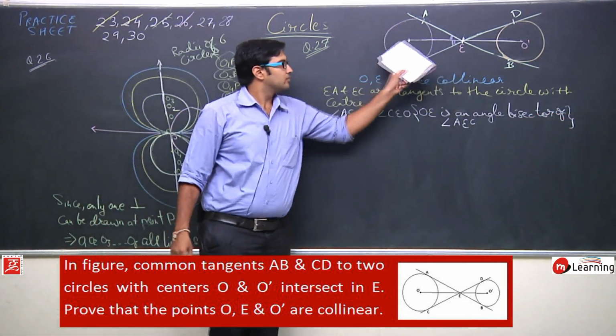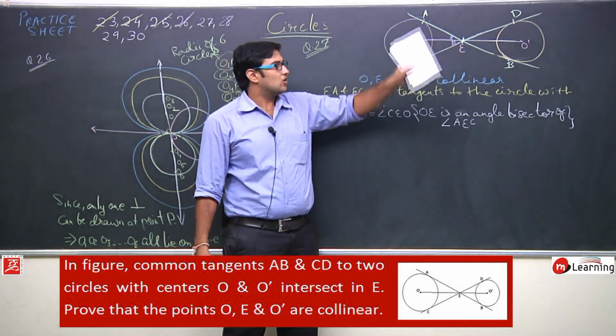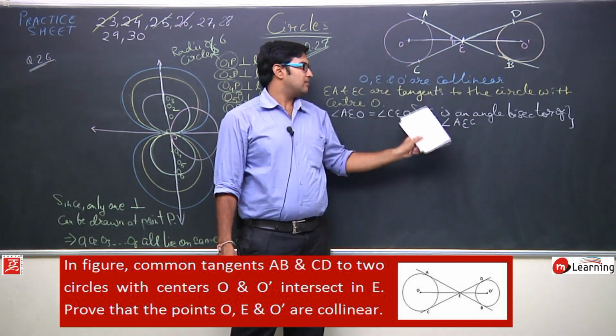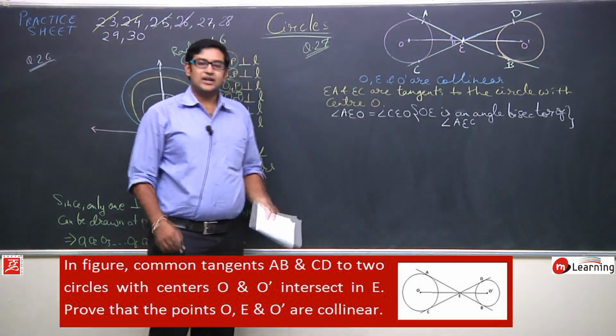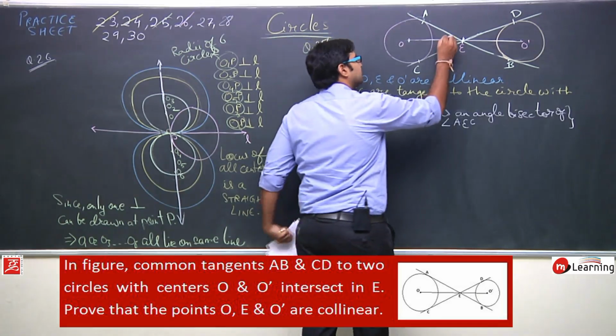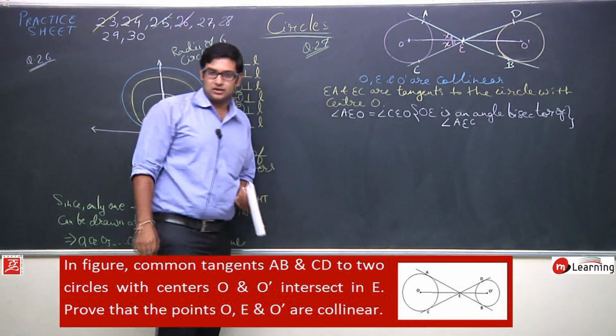OE, this OE line is basically an angle bisector of angle AEC. That's why these two angles are equal. Let us say this angle is X and this angle is also X. Okay, because both the angles are equal.